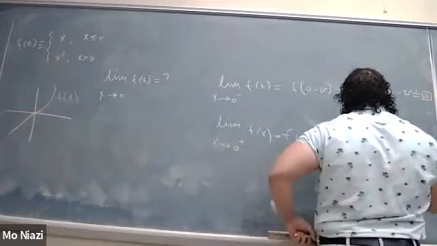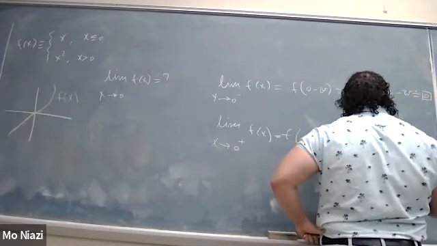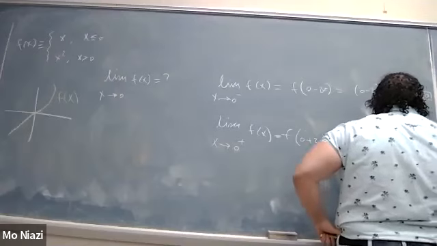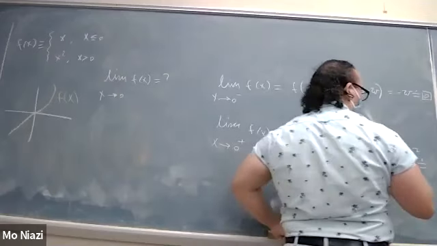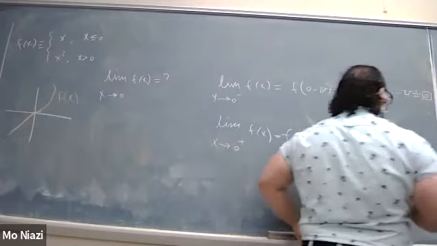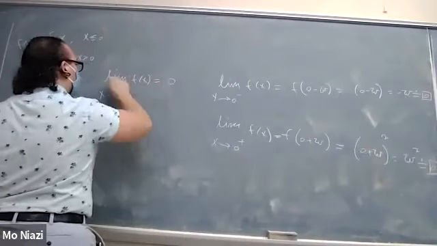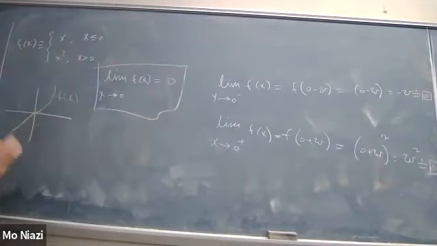So now it's going to be 0 plus an omega quantity squared, which is the same thing as just an omega squared, which renders the real result what? Yeah. So the left hand and the right hand limits agree that the total limit is equal to 0. Right there. When you approach it from the right, the function's value is 0. When you approach it from the left, the function's value is 0.